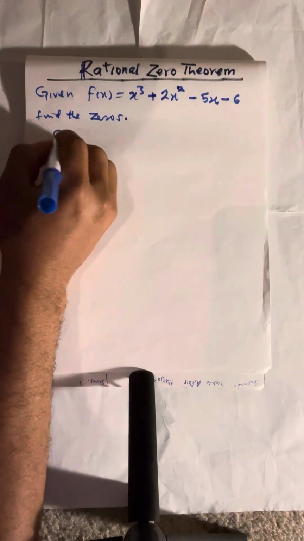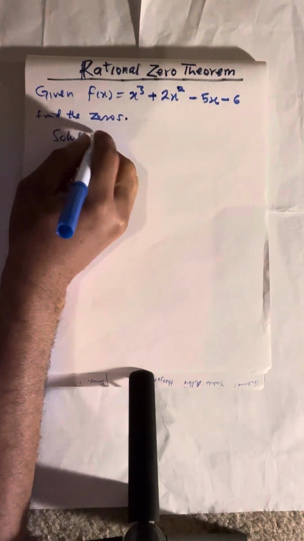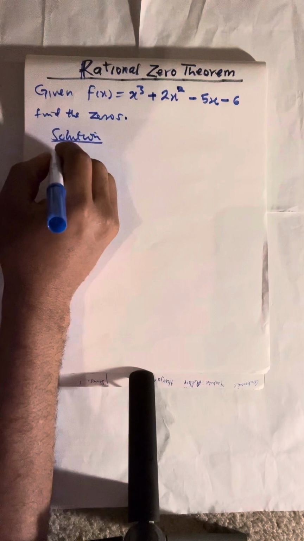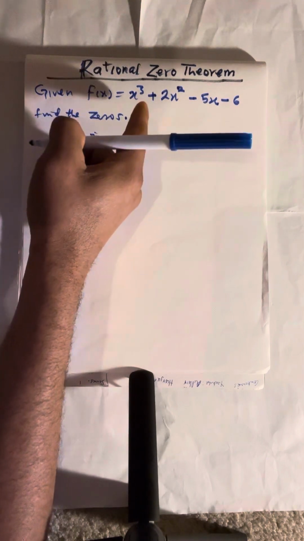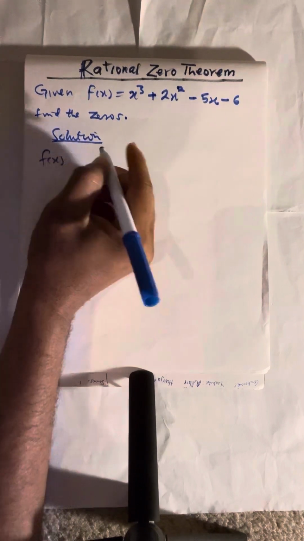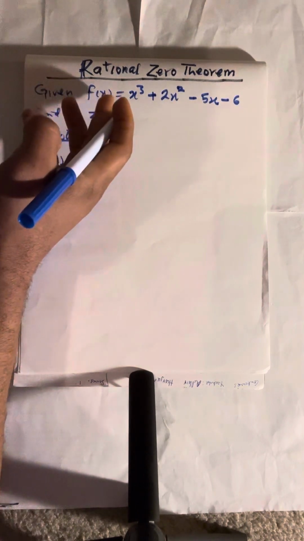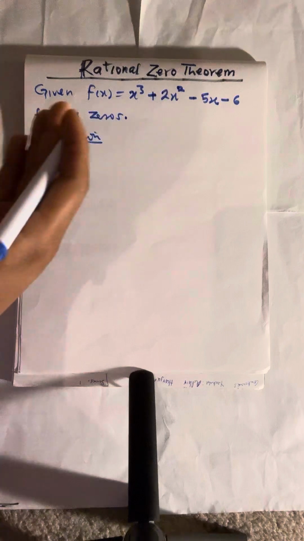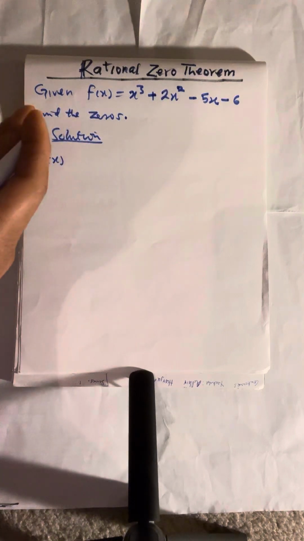So what do we do? To find the zeros of this function, as you know, finding the zeros of this function is similar to saying find the solution of this polynomial.